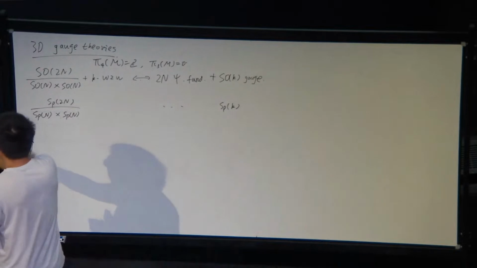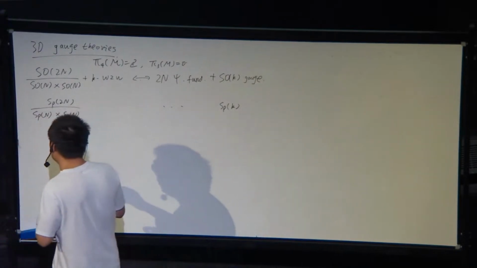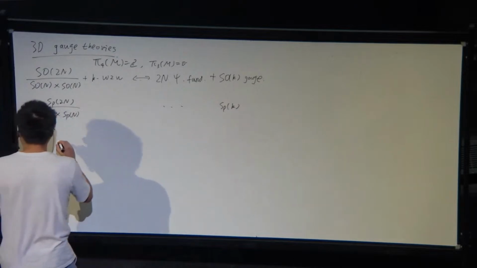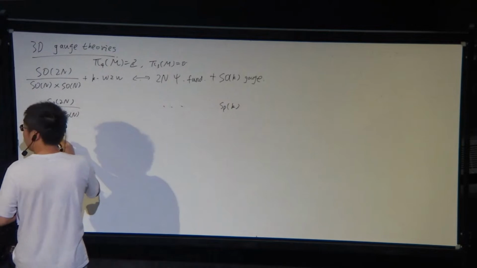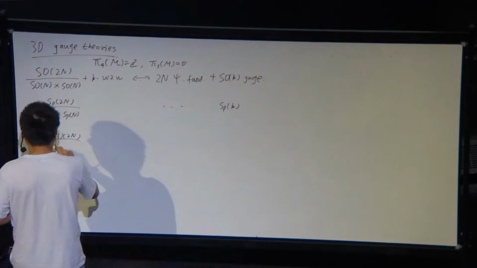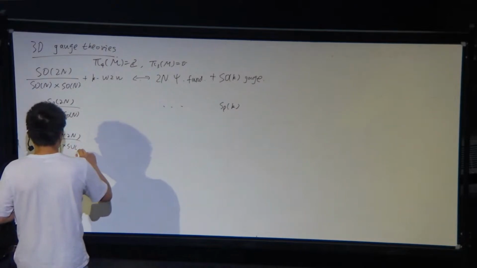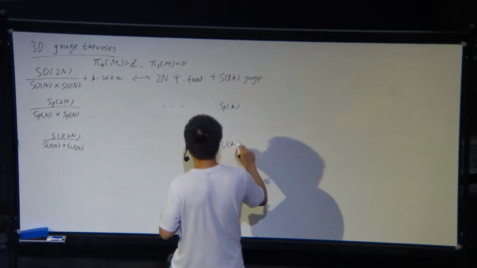So for other gauge theories or Grassmannians, this correspondence is really just in parallel with 2D: if I have SU, then I end up with a UK gauge field.